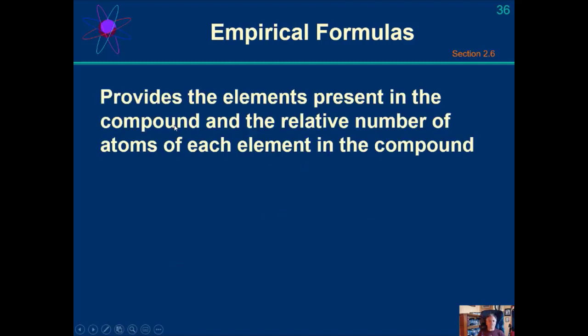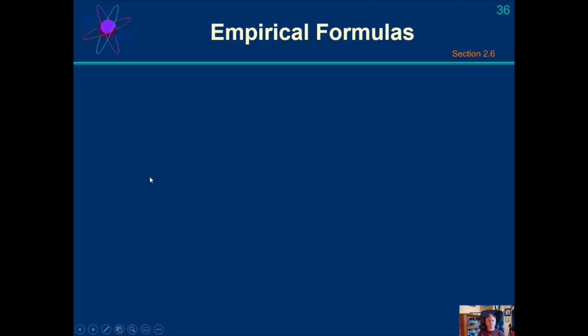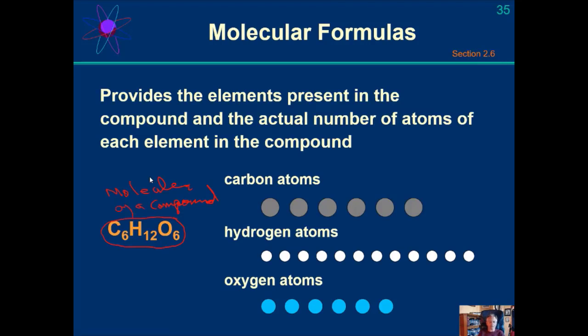Empirical formulas, we can go ahead and do the empirical formula for glucose. Let me show you how we got it. An empirical formula is just the simplest whole number ratio of elements in a compound. So if I take all of these subscripts and divide by the whole number 6, that's going to give me CH2O, which is an empirical formula.